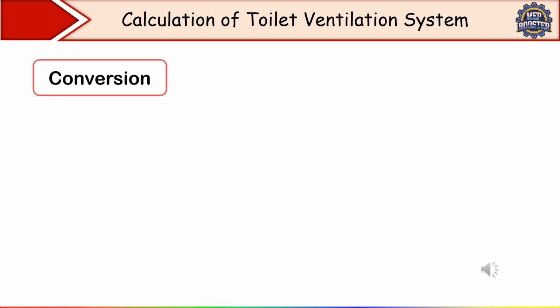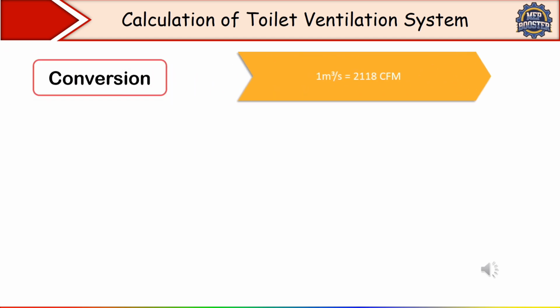Now before taking any numerical on the ASHRAE method, first of all we have to remember these conversion formulas. It is very important. 1 meter cube per second is equal to how many cfm? 2118 cfm. Meter cube per second is our metric unit, and cfm, cubic feet per minute, is the imperial unit. If you want to convert metric to imperial, you have to follow this formula.